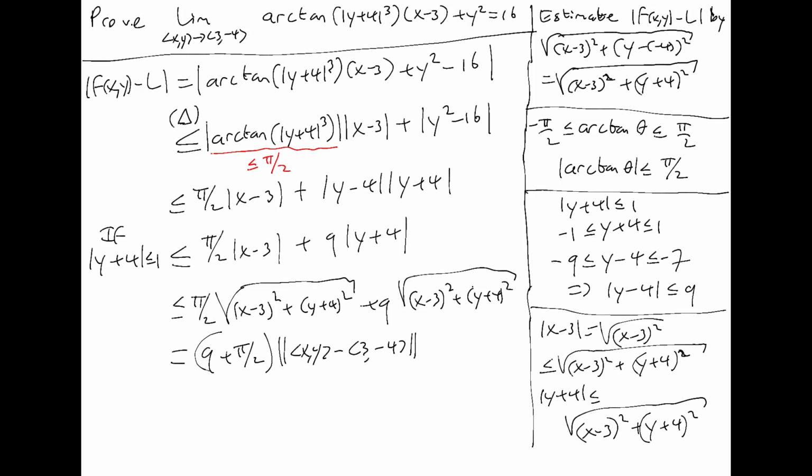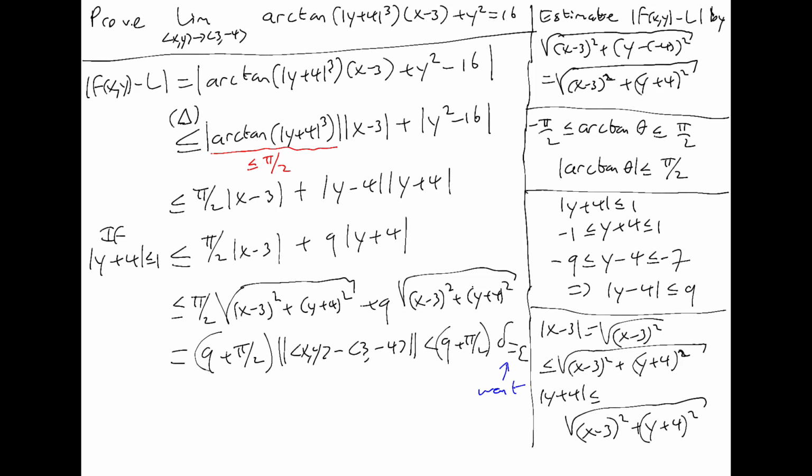Of course, we can get this less than delta, so now we can estimate this. We can estimate this by 9 plus pi over 2 times delta. And we want, as before, that to be equal to epsilon.